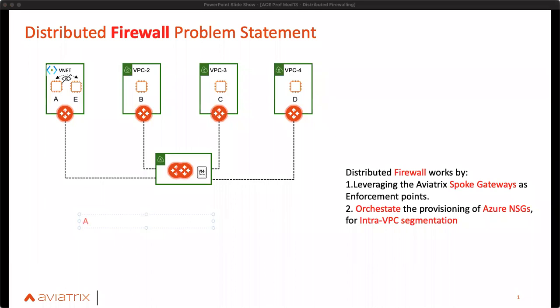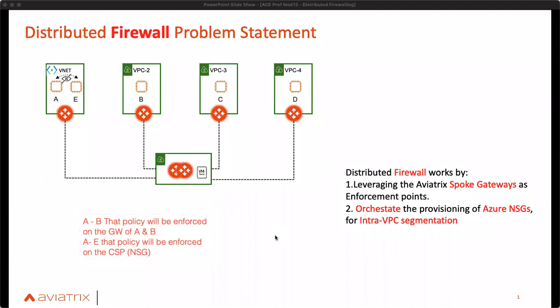If I write a policy between A and B, for example, which are the workloads in the above diagram, that policy will be enforced maybe on the gateway of A and B. However, if I write a policy between A and E, that policy will be enforced on the CSP network security groups.